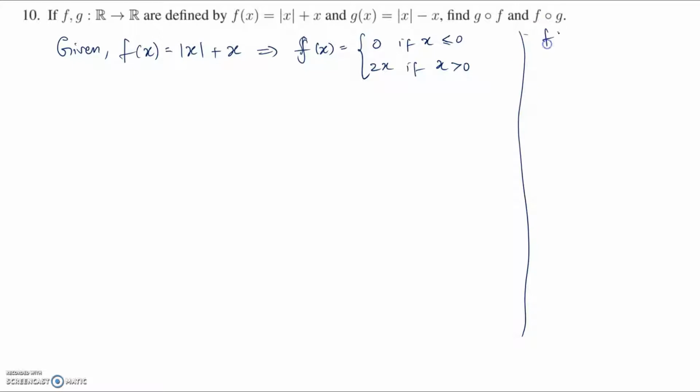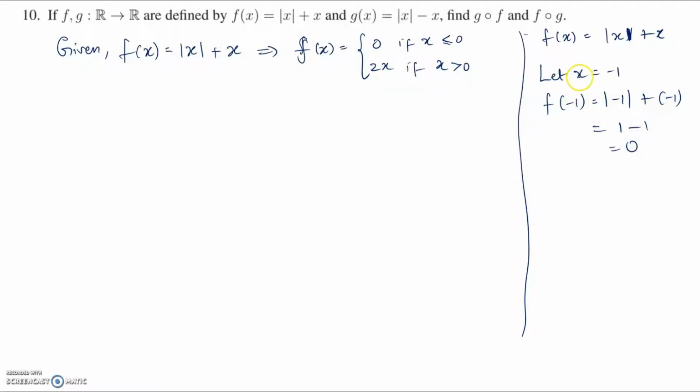So f of x is equal to mod x plus x. So let x equal to minus 1, which is less than 0. So now our f of minus 1 is equal to mod of minus 1 plus minus 1. That's equal to mod of minus 1 is 1, plus into minus is a minus, so that's equal to 0.